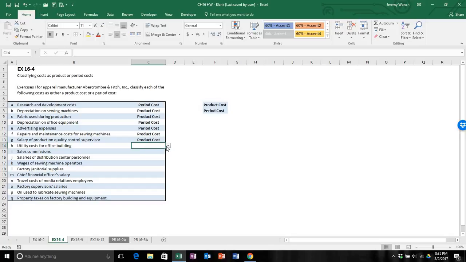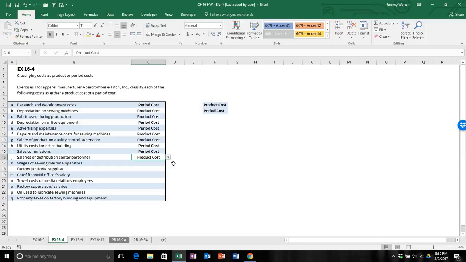That's the office, that's administrative, that's a period cost. Sales commissions, anything related to selling it, is going to be a period cost. Salaries of distribution center personnel. The distribution center is like the very end of the manufacturing process, and so that is going to be a product cost.